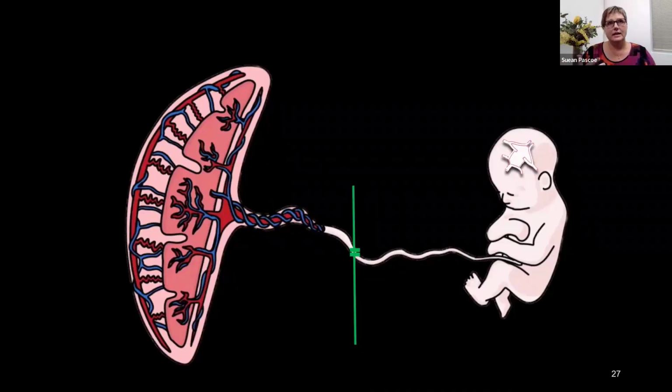So the Doppler traces in the head should be high resistance flow. And so we have the umbilical artery, low resistance flow, forward blood. The middle cerebral artery, high resistance flow because everything's got smaller and smaller and smaller.